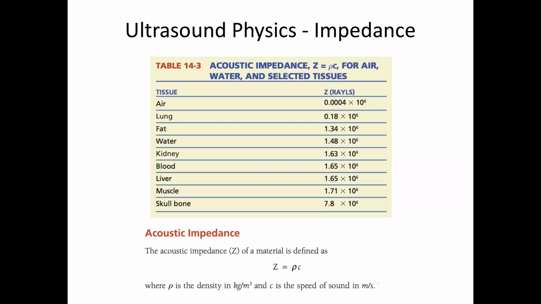So you get a series of reflections as that wave passes through the different media. The difference in acoustic impedance is what causes this reflection or transmission. If the acoustic impedance of the two media is the same, then nothing gets reflected. It just keeps going, right?